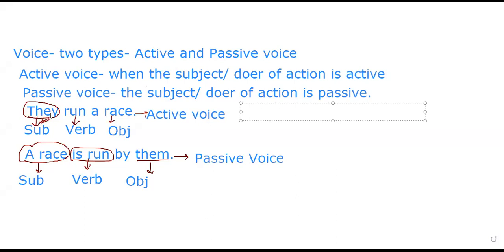They comes first, they run a race. So they is important, na, because the sentence is talking about them, they. Okay, here in passive voice, race becomes important, na, a race is run by them. Clear? So they has become passive, while in the active voice they is active.